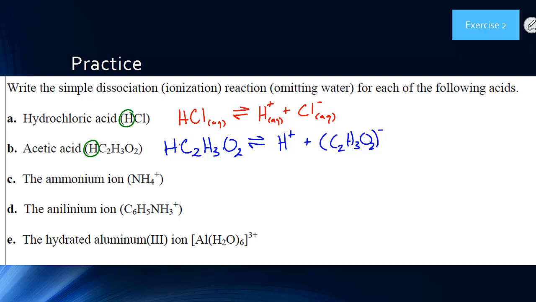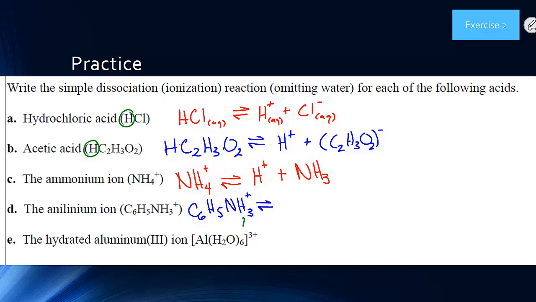For ammonium, the ammonium ion will dissociate into a hydrogen ion and ammonia. For the anilinium ion, we can drop a hydrogen. We'll drop one from here, just like how in ammonia we dropped from the end here. The amine group is at the end of this. That amine group is what picked up this extra hydrogen.